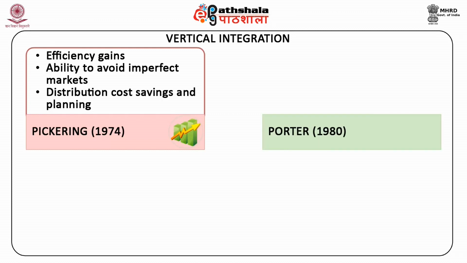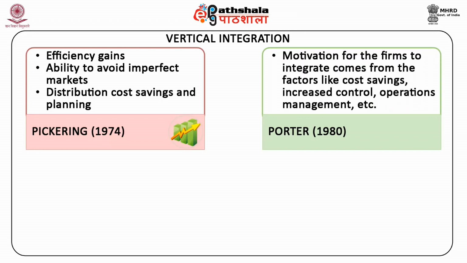While Porter in 1980 suggested that the motivation for the firms to integrate comes from factors like cost savings, increased control, improved communications, changed organizational climate, operations management, and competitive differentiation.